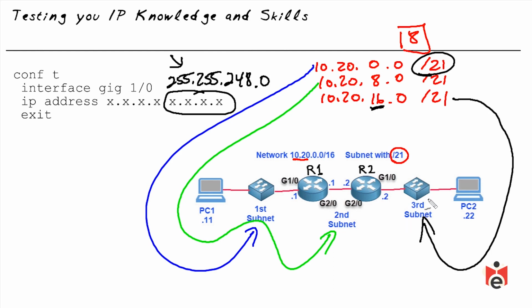And if those IP addresses are all implemented correctly, these PCs, PC1 and PC2, have already been configured to use R1 and R2 respectively on their local networks as their default gateway. Also, there's a dynamic routing protocol already running on R1 and R2. So if the IP addresses are put in correctly, there should be full reachability between all these subnets, and PC2 should be able to ping PC1 and vice versa.